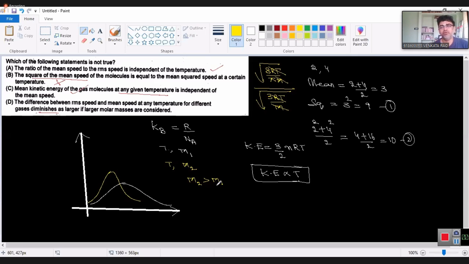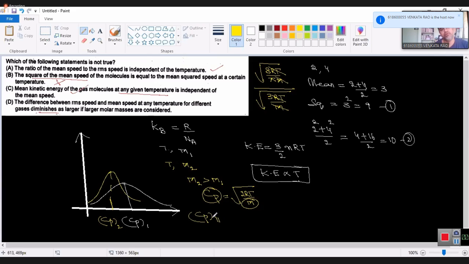How would I know that M2 is greater than M1? Simple funda. For the first one, this is Cp1, and for the yellow one, this is Cp2. We know Cp is equal to under root 2RT by M. So if the molar mass is larger, Cp is smaller. So yellow color Cp2 is smaller than Cp1. No doubt M2 is the larger molar mass.